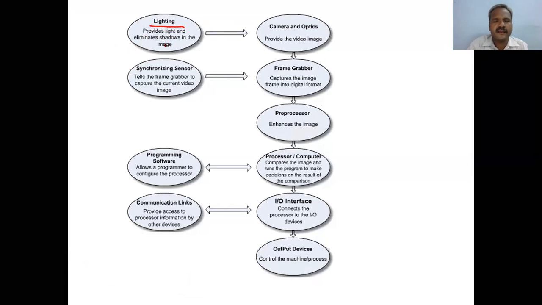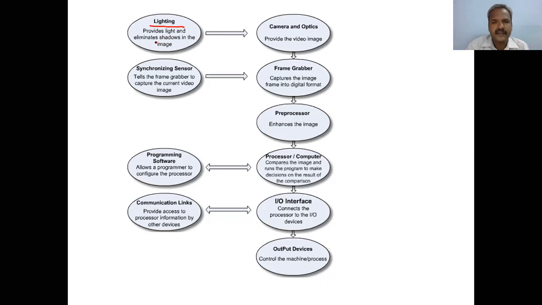We have already seen the different lighting techniques: front lighting, back lighting, structured lighting, and different illumination techniques also. In most cases, LEDs also play a vital role in lighting systems.